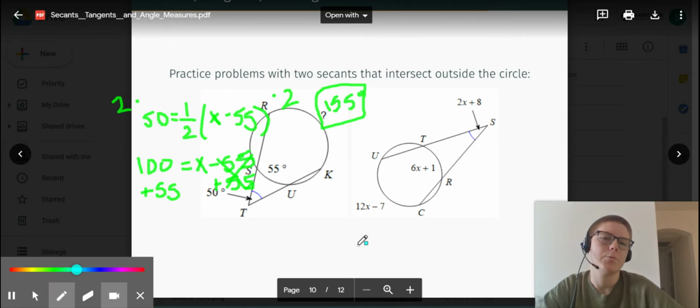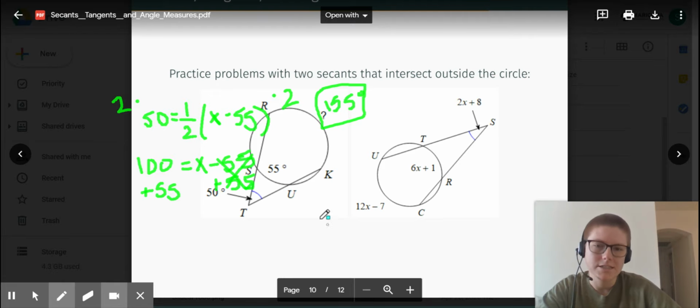Next. So this one looks a little trickier. Same basic concept. We're just going to have more x's in our equation. So 2x plus 8 is equal to 1/2. I'm going to put it in square brackets.